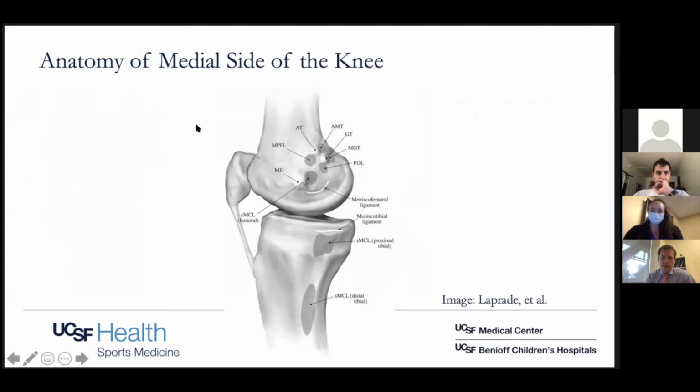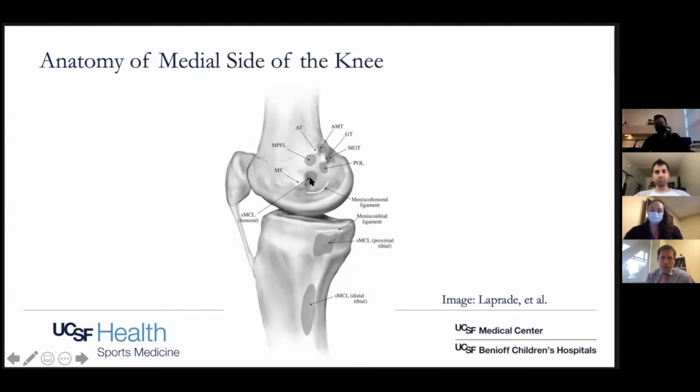And this type of picture will pop up on tests, so definitely try to remember these relationships, especially the MPFL in its relationship with the adductor tubercle and medial epicondyle, and then the MCL. Obviously you have the superficial and the deep components. And then the things to remember with the MCL.